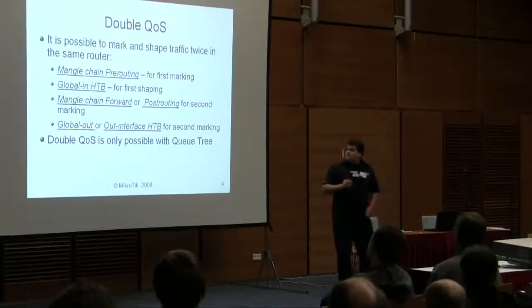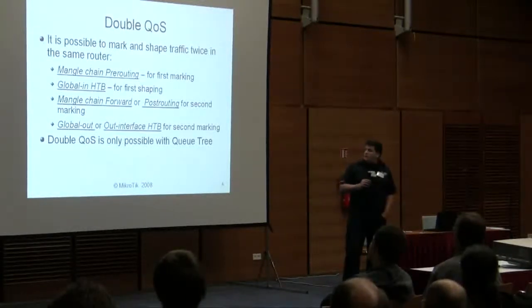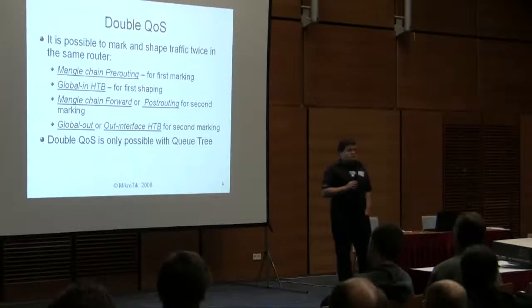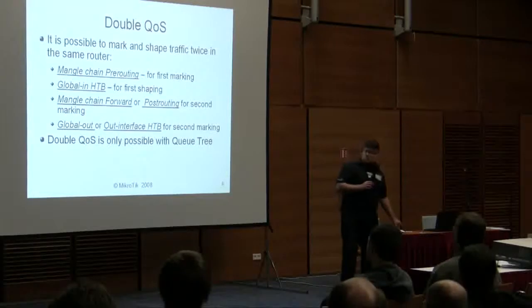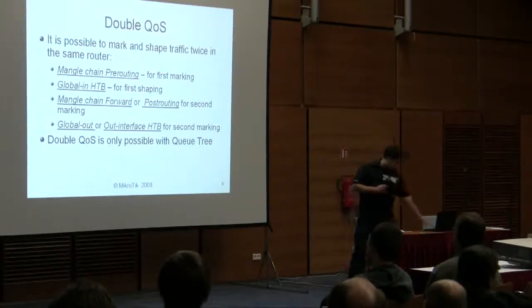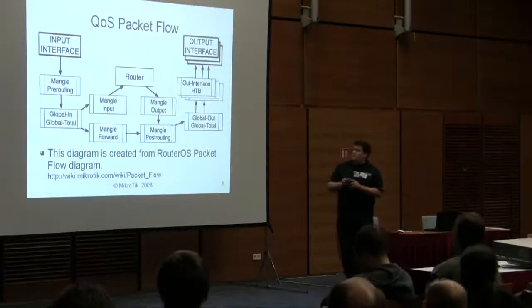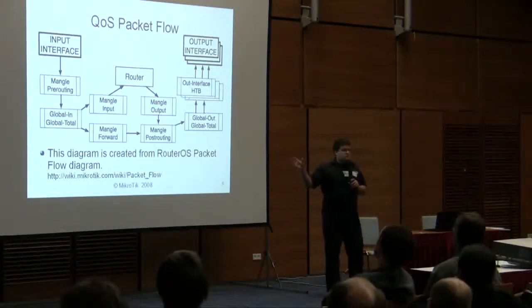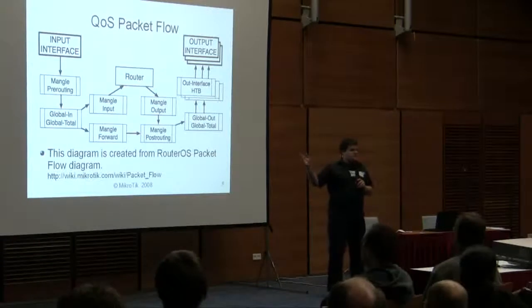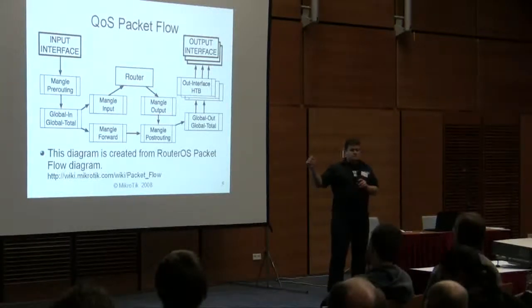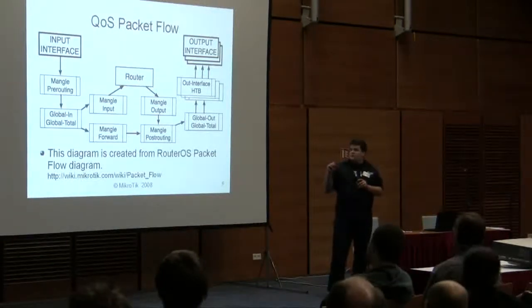So basically, if we want to do 2 queuings and 2 manglings in the same router, what can be the logical places where we can mangle for the first time? Mangle chain pre-routing.